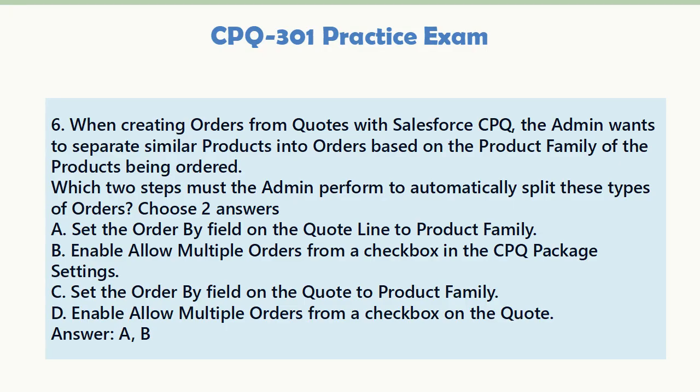A. Set the order by field on the quote line to product family. B. Allow multiple orders from a checkbox in the CPQ package settings. C. Set the order by field on the quote to product family. D. Allow multiple orders from a checkbox on the quote. Answer: A, B.